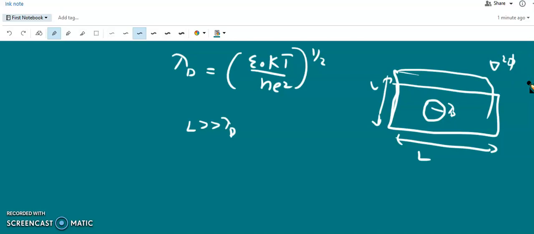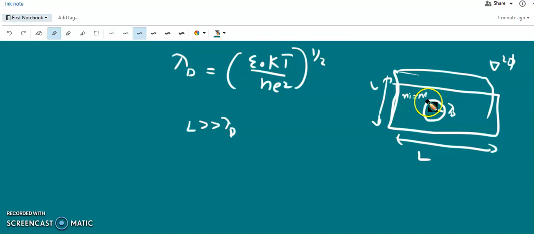We can say that Ni is approximately equal to Ne. But inside the Debye sphere Ni and Ne are not equal, and that is why the potential arises. Outside the Debye sphere Ni is equal to Ne.